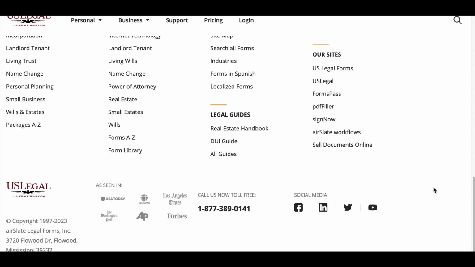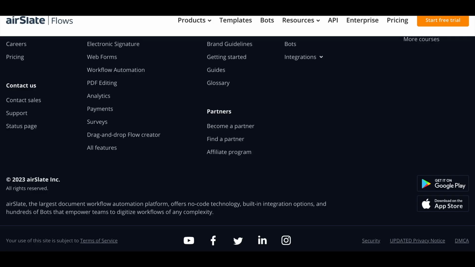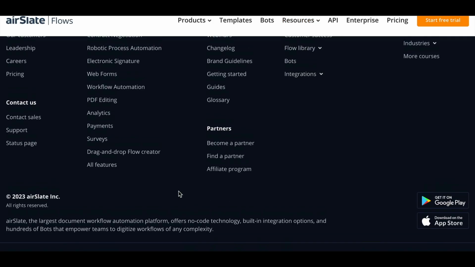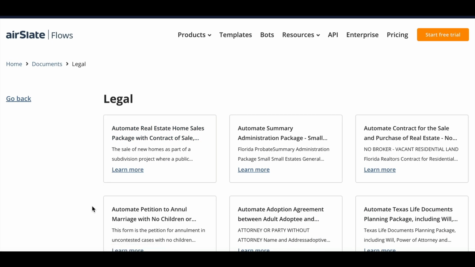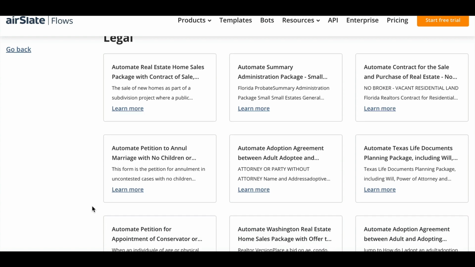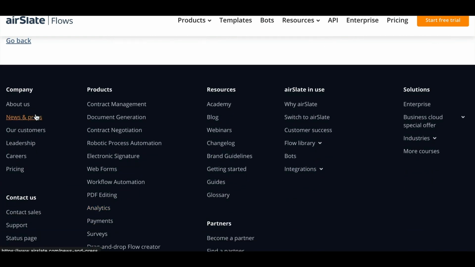Okay, interesting. So it looks like the owner of US Legal is a company called AirSlate, and they also have more complicated workflow creation things, like for real estate and automated contracts and things like that, for real estate agents and such.